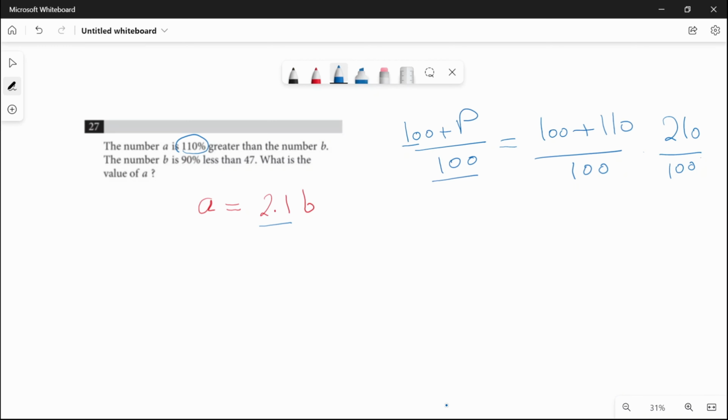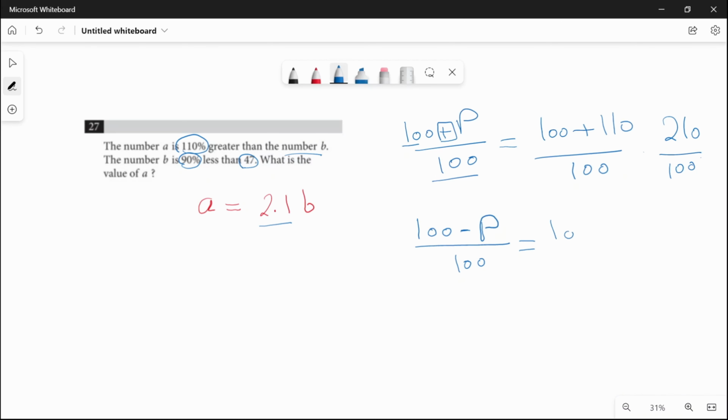Now, what about number B? It said that number B is 90% less than 47. When it is said that a certain value is less than another value, we will write down the same rule, but instead of adding, we will subtract the percentage given. So the percentage given here is equal to 90.